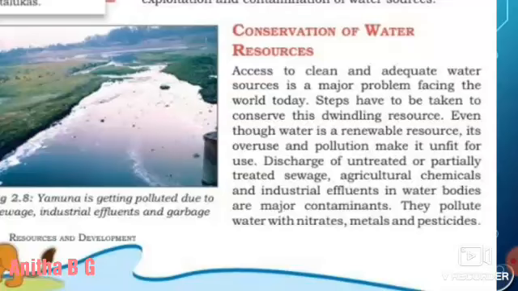Discharge of untreated or partially treated sewage, agricultural chemicals, and industrial effluents in water bodies are major contaminants. They pollute water with nitrates, metals, and pesticides.